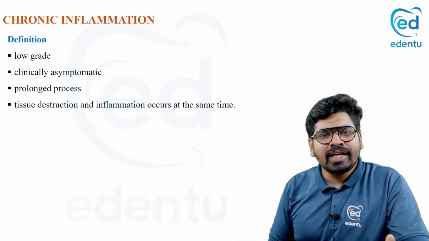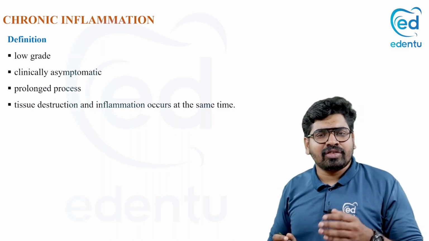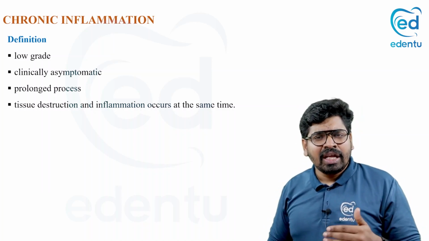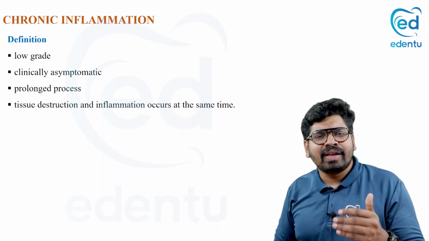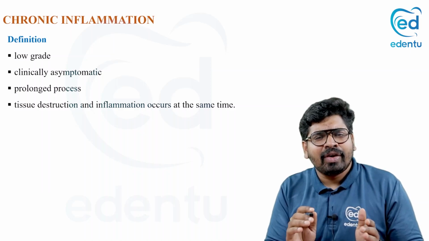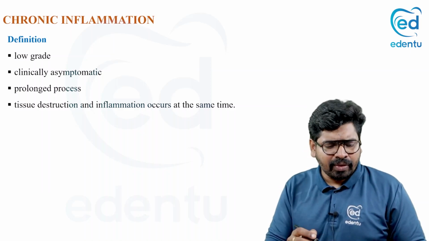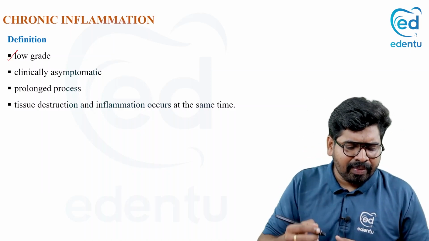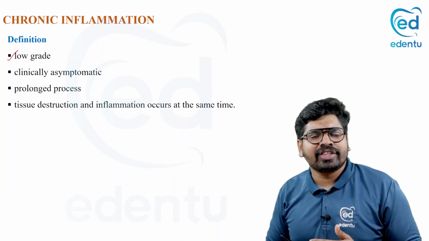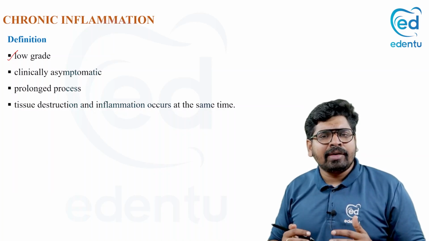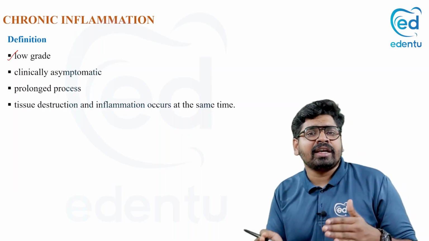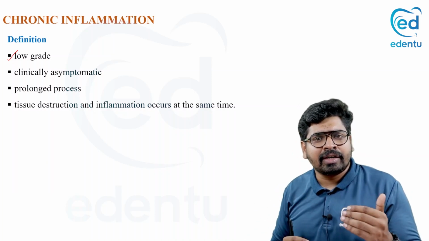So it is actually a low grade inflammation. It is not like your acute inflammation. The manifestations will be in a low grade way, and usually they are asymptomatic, which means the patient will not show many symptoms.